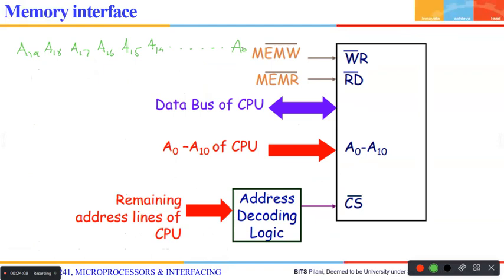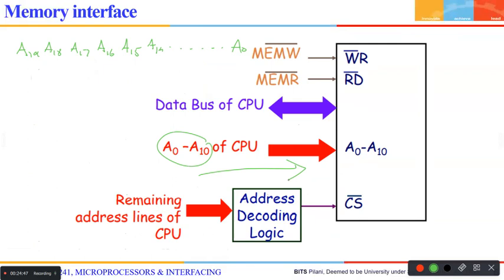For address decoding logic, we are going to use only address lines of the microprocessor. Out of A19 to A0, A10 to A0 is required to select the memory. So this many address lines of the microprocessor will go directly into the address lines of the memory chip. Remember this is the address line of the memory chip, and this is the address line of the microprocessor.